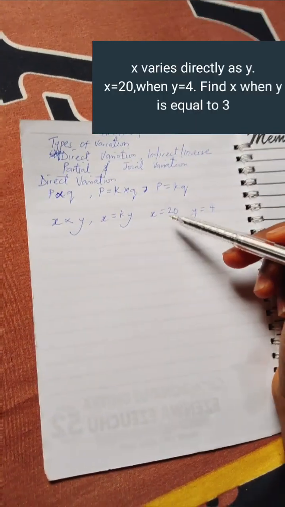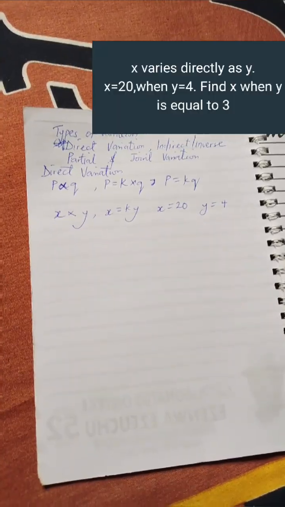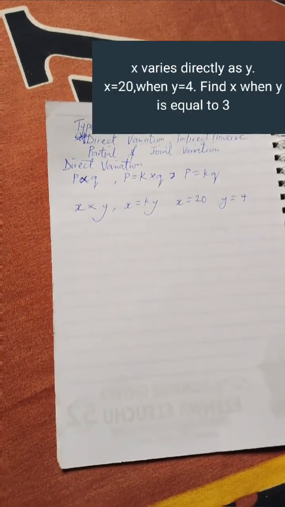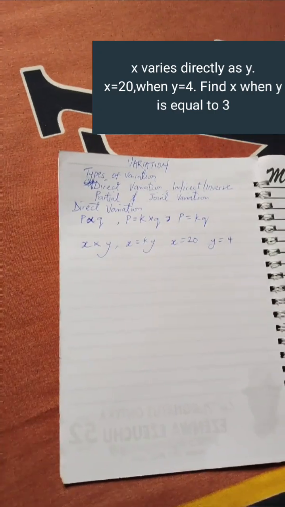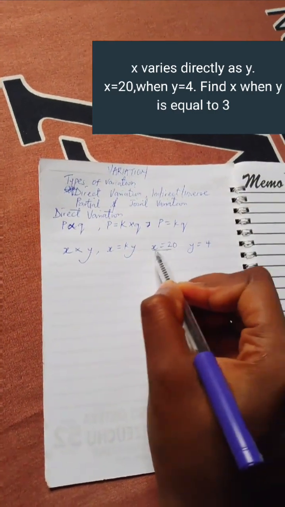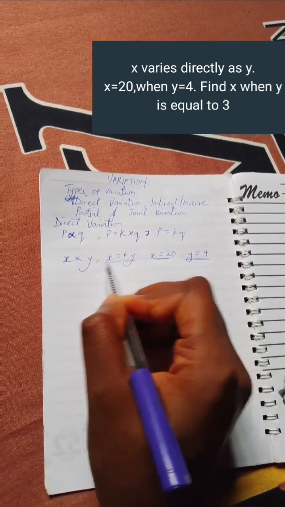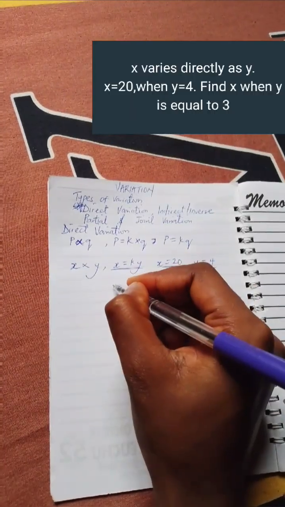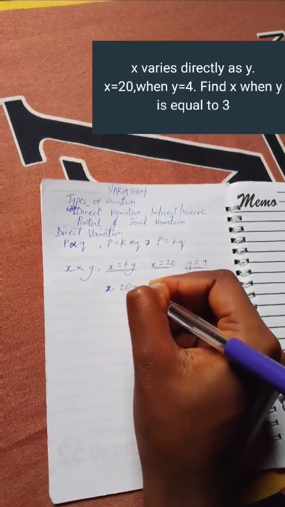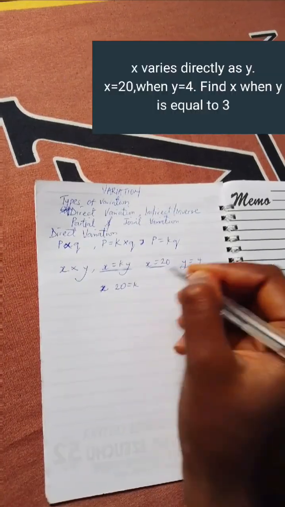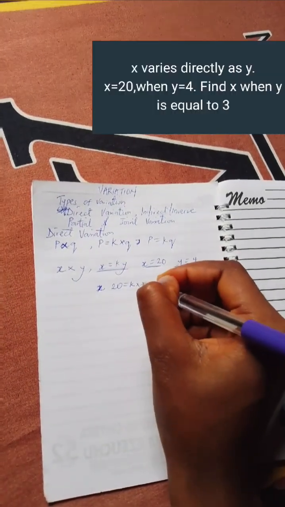Now, since they gave us the value of both x and y here, the next thing that we're going to do is to find the value of our constant before we move further in the question. So all I have to do is substitute these two values into this equation. Since x is 20, I'll be having 20 is equal to my constant, which I don't know, multiplied by 4, which is y.